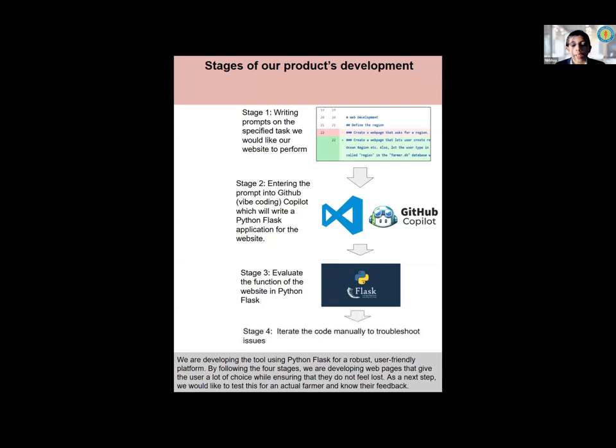Then we iterate that code if there are any problems with it, or if it has developed an output that is not satisfactory. And this recycles for each web page we have to develop.